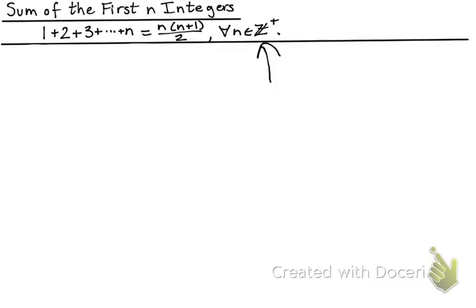So that means that n is 1 or 2 or 3 or any of the positive integers, but it can't be 0. So when you're given for all n element of the positive integers, that means your initial starting point is going to be 1. This is what a is.